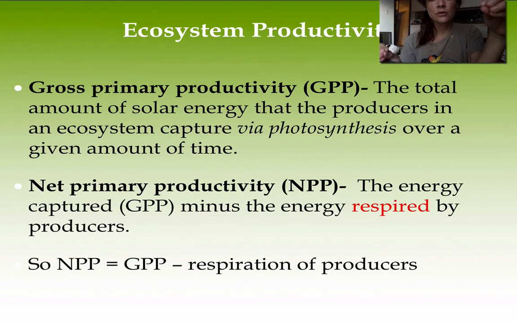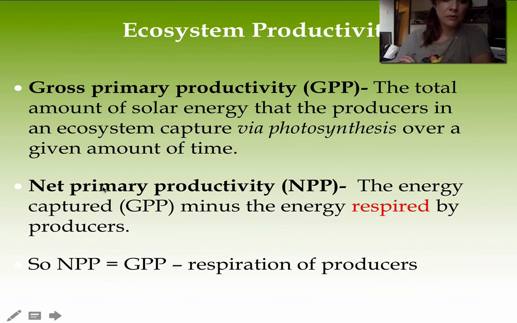Some of that glucose goes into making cell components, their cell wall, their seeds. It actually builds their body. But not all of it does, because they used some of that glucose via cellular respiration to break it down to make energy so that they could build these cell parts.